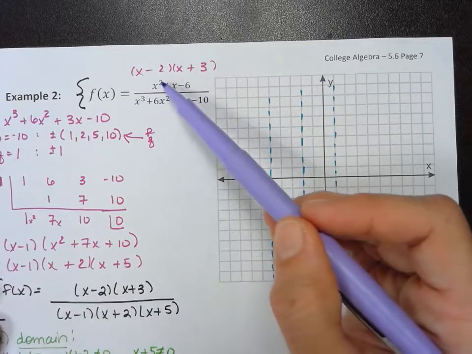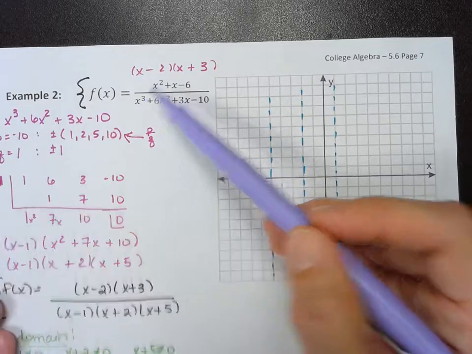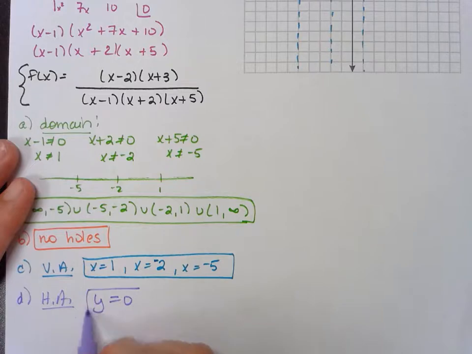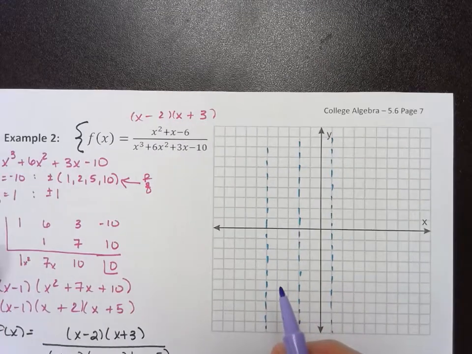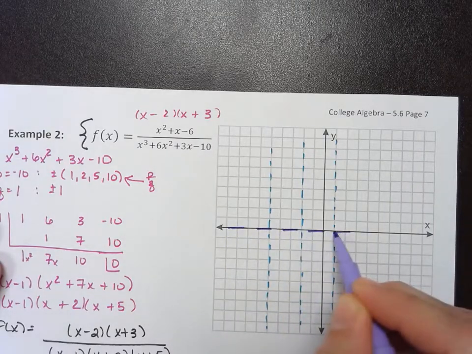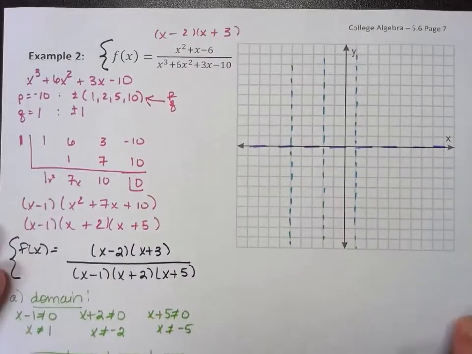When your numerator's degree is less than your denominator's degree, the horizontal asymptote is just y equals 0, which is the same thing as your x-axis. Sorry, my brain's not working properly.